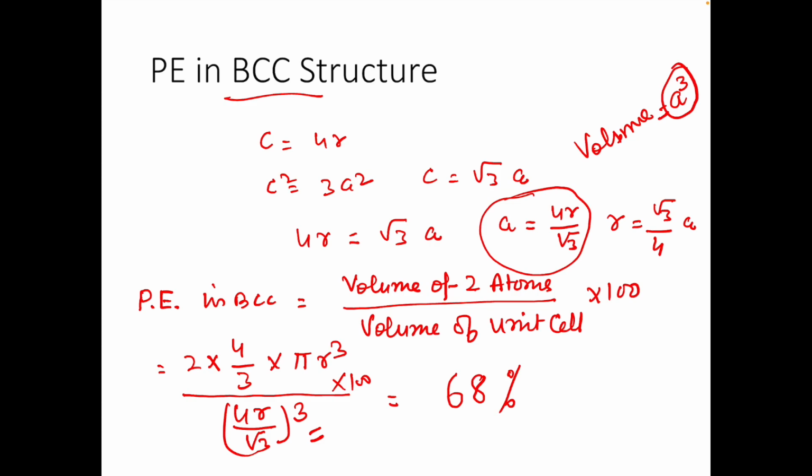So the packing efficiency in BCC structure is 68%. See, in simple cubic lattice it was 52.4%, and in body centered cubic structure it is 68%.